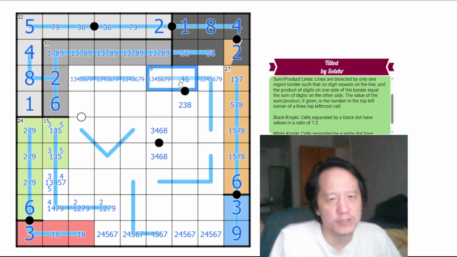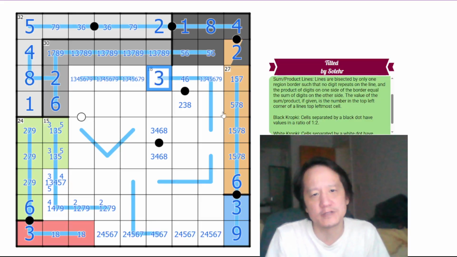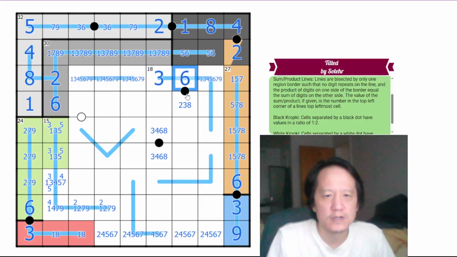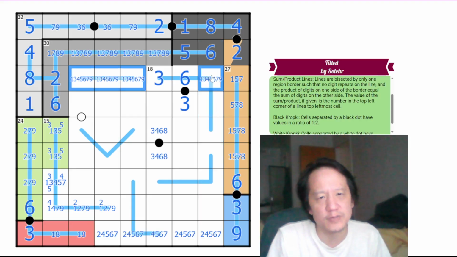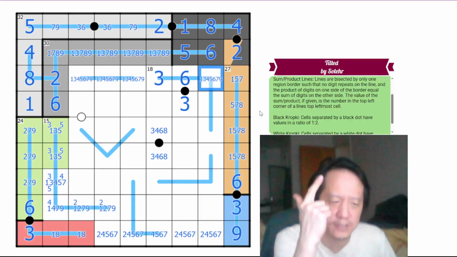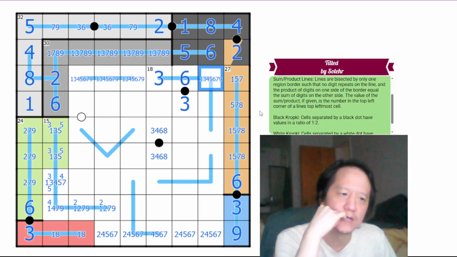Say this was the multiplication part. And this was this it cannot be 4 obviously, so this would have to be 3 and 6. Okay, that would force this to be 3. That would make this 5, that would be 6. So these 3 digits would have to add up to 18 without a 3, a 6, or an 8. Is that possible? 279 potentially could work. Yeah, that seems fine.